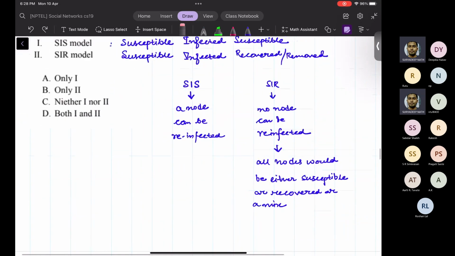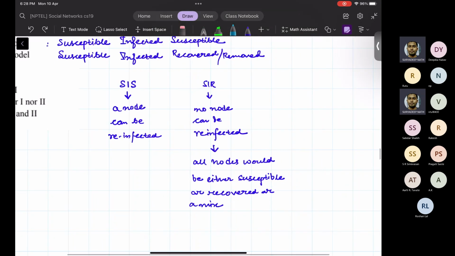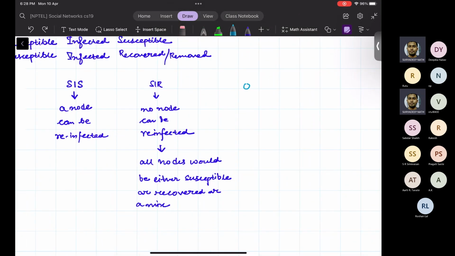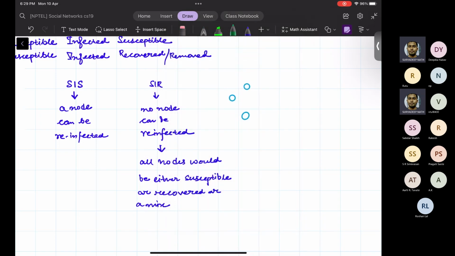So basically, let me draw this figure properly. Let's say the blue nodes represent the susceptible nodes. You will have a network, and let's say the green represents the recovered nodes. This is for the SIR model.